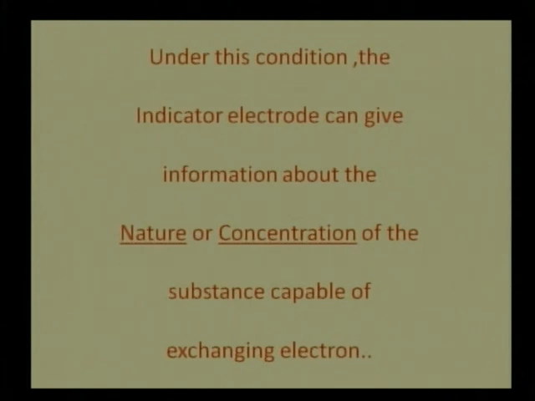In that case, the nature and the concentration of the substance capable of exchanging electrons is directly proportional to the electrode potential, which is measured by the indicator electrode. So in this way, the indicator electrode measures the potential which is directly proportional to the changes in the ions in the solution.